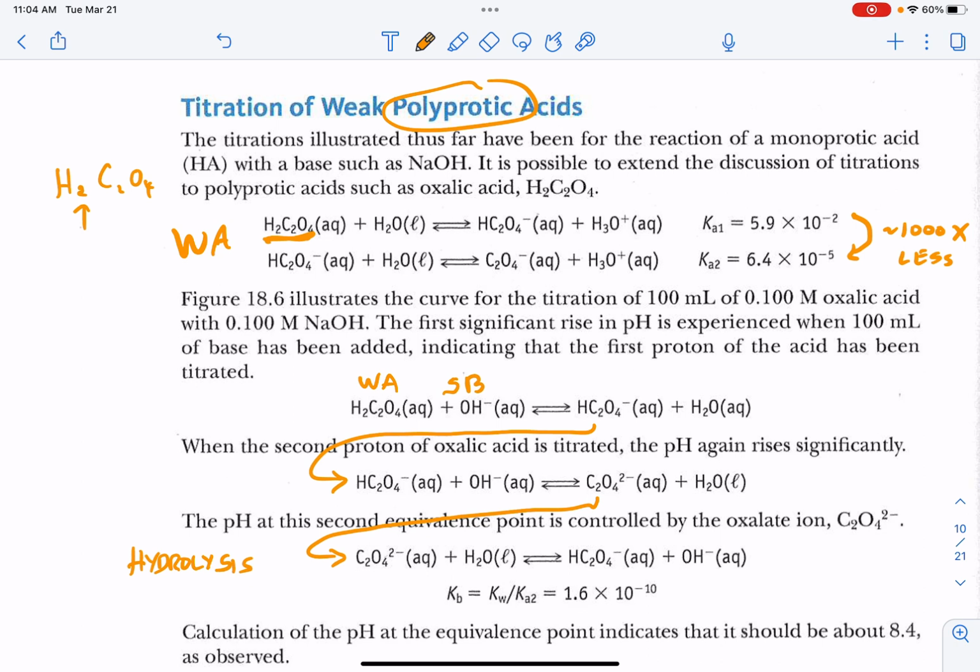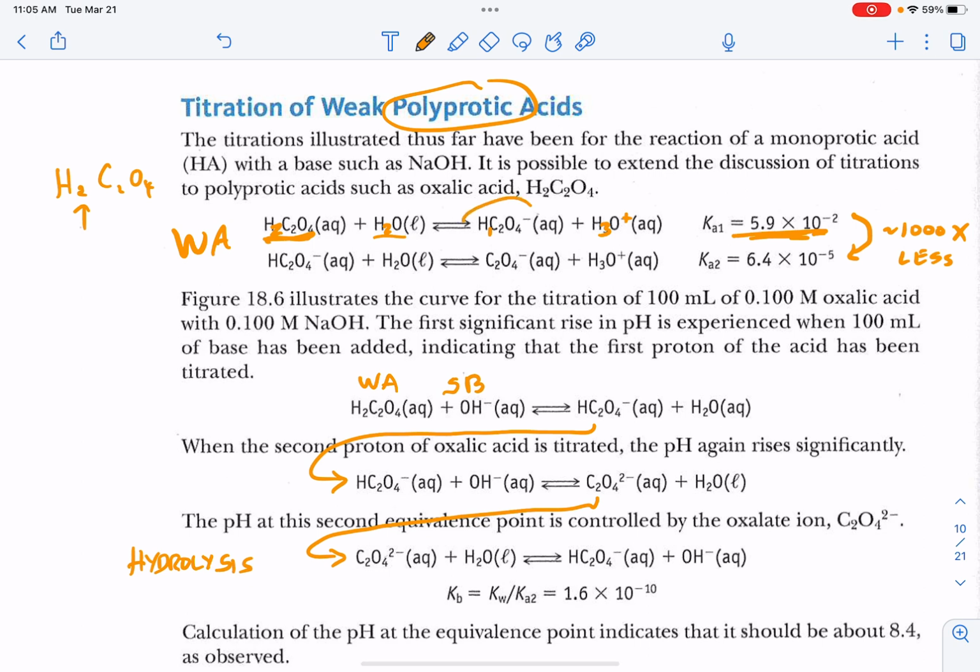If we were to put oxalic acid into water, so in a sense here we are dissolving, and you'll notice that we go from 2 hydrogens to just 1 in front of the oxalate anion, and that 1 hydrogen ion gets connected to the water molecule, so that goes from H2O up to H3O plus. You can see that the Ka for that is on the high side for a weak acid: 5.9 times 10 to the minus 2.